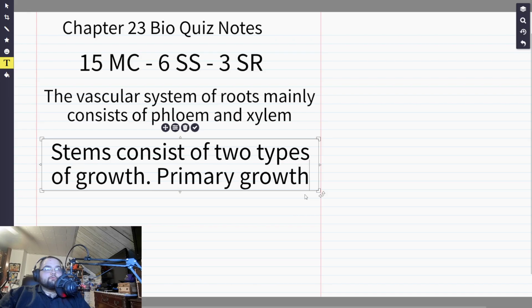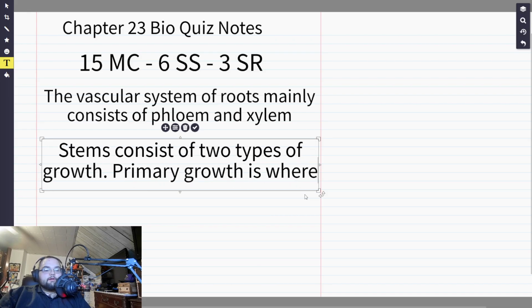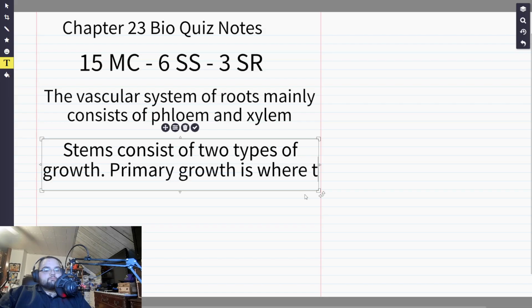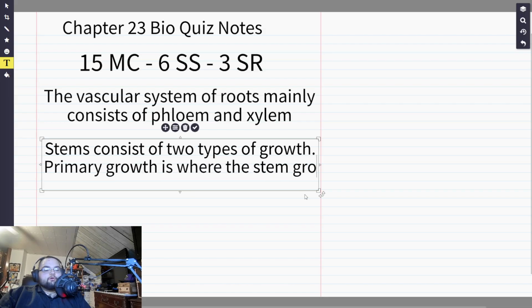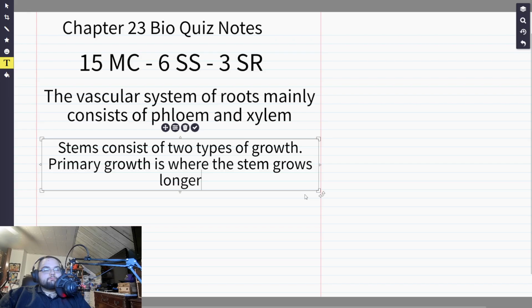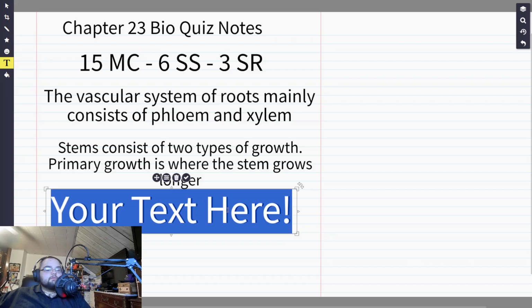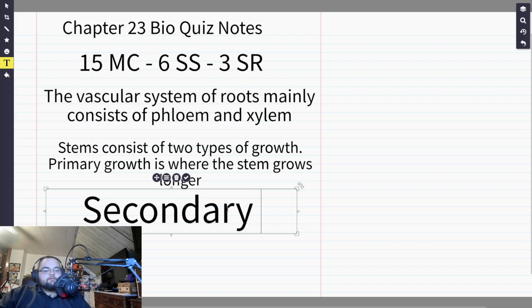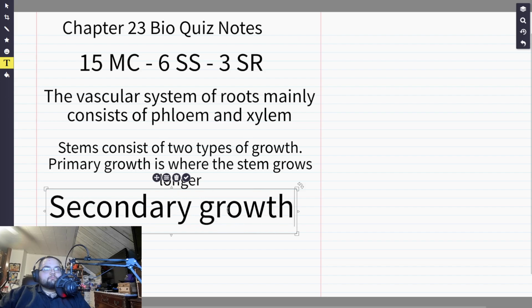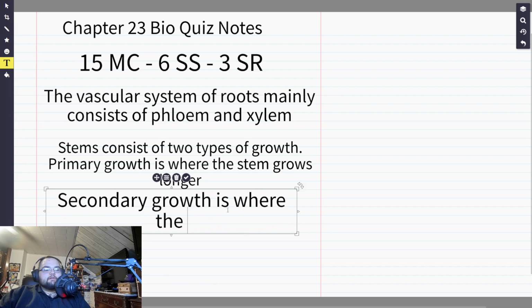Primary growth is where the stem grows longer. And we'll add another one. Secondary growth is where the stem grows thicker.